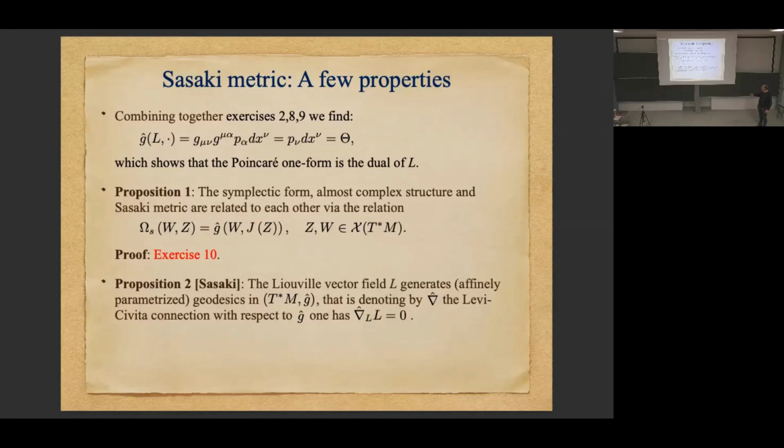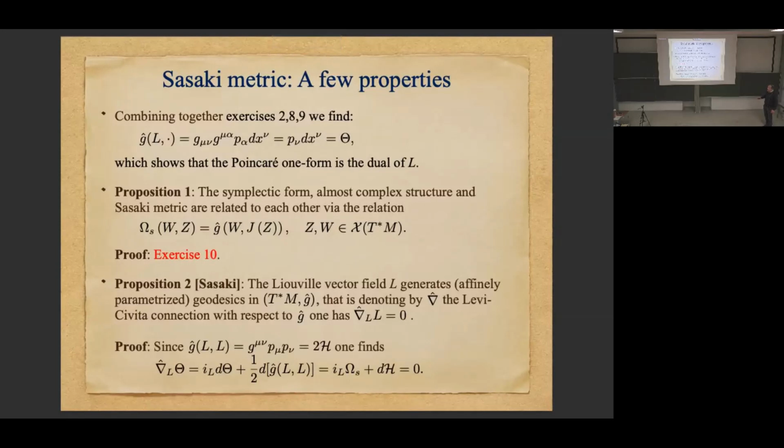But you can actually ask yourself if the integral curves of L on the cotangent bundle are themselves geodesics with respect to the Levi-Civita connection of G hat. And it turns out that the answer is yes. So you can show that the acceleration, if you want, of L is 0. And you don't need to compute the Christoffel symbols to do that.